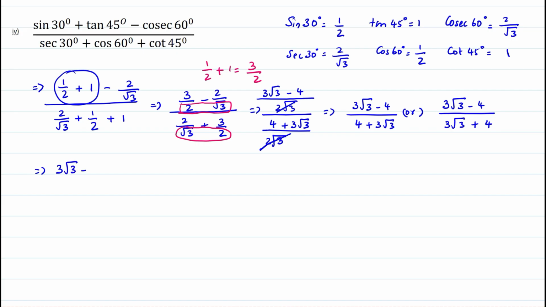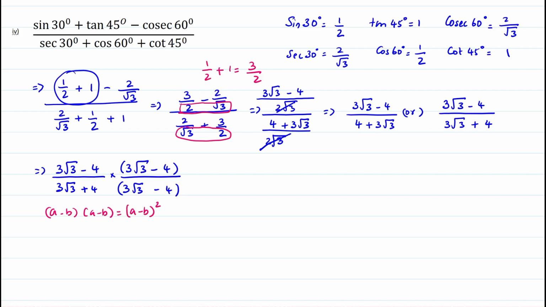3 root 3 minus 4 divided by 3 root 3 plus 4, into 3 root 3 minus 4 divided by 3 root 3 minus 4. So, if you see carefully, the numerator is a minus b into a minus b, which will be a minus b the whole square, and the denominator is a plus b into a minus b, that will be a square minus b square.